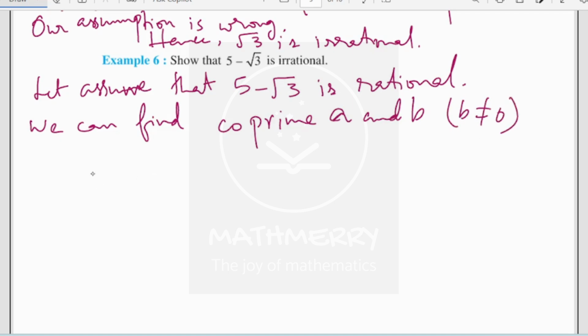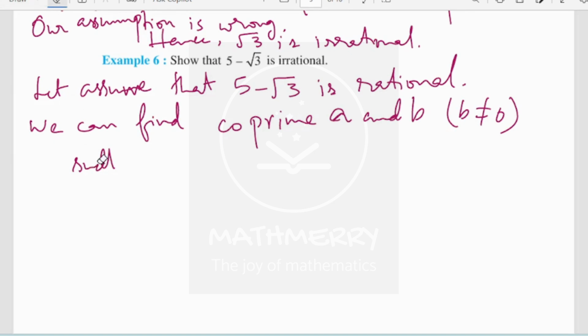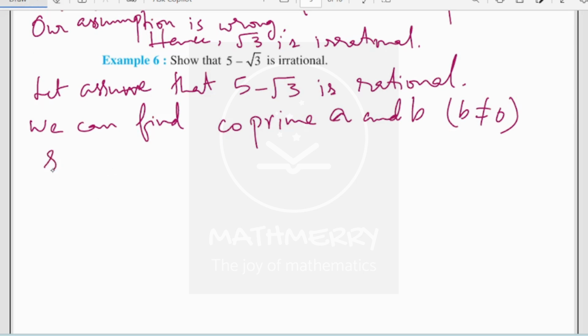Now we can write that 5 minus root 3 is equal to A by B.